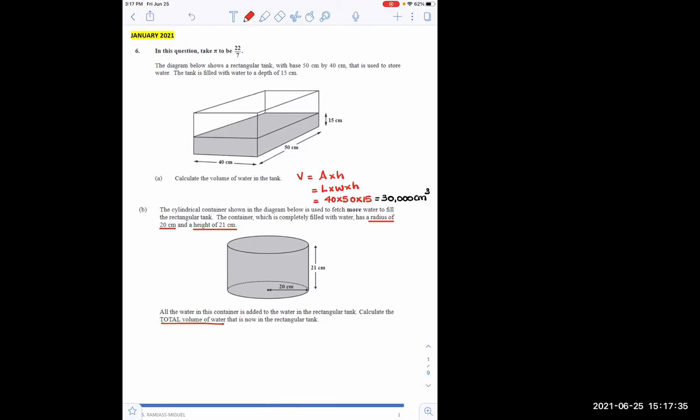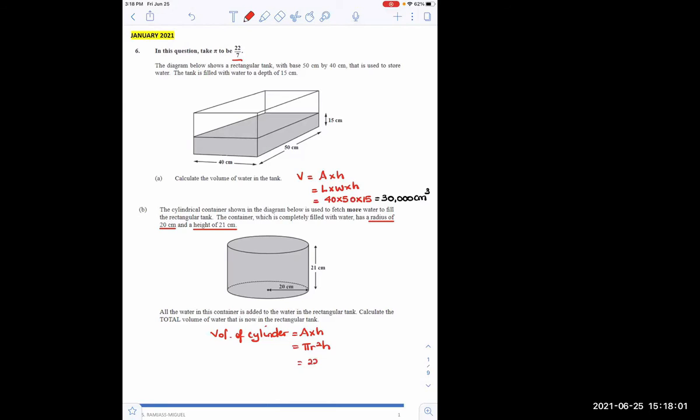Now, the first thing we need to find is the volume of the cylinder. So the volume of the cylinder is cross-sectional area by height. The cross-section of the cylinder is a circle, so this is pi r squared h. They gave us pi to be 22 over 7.